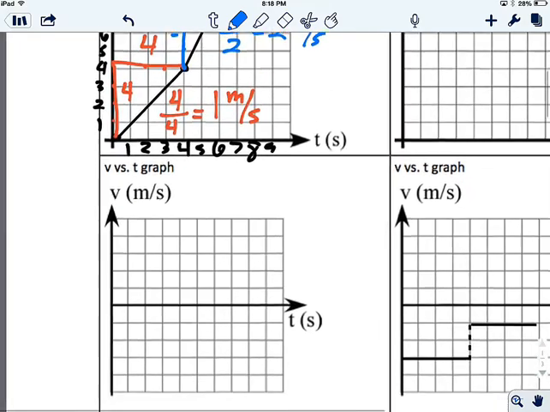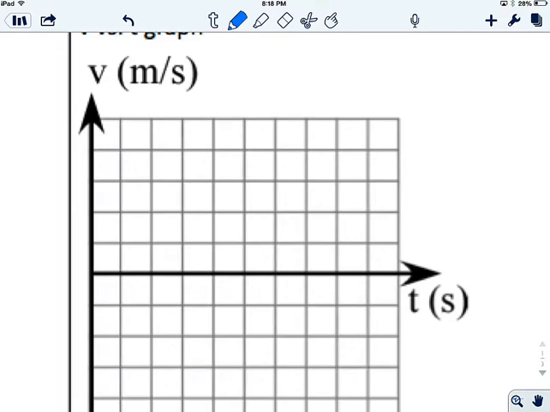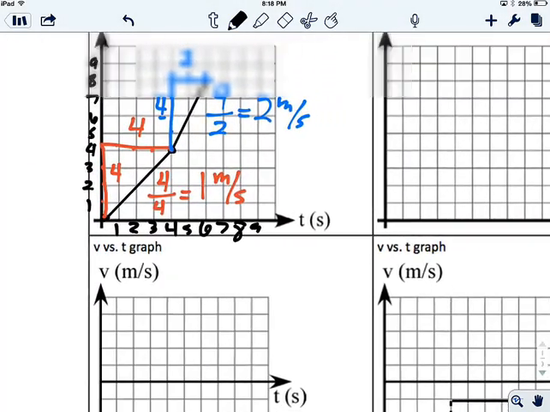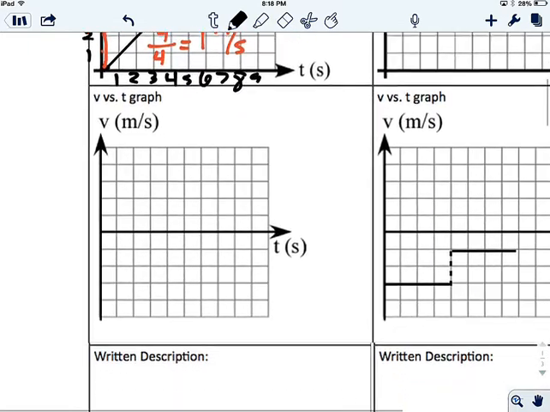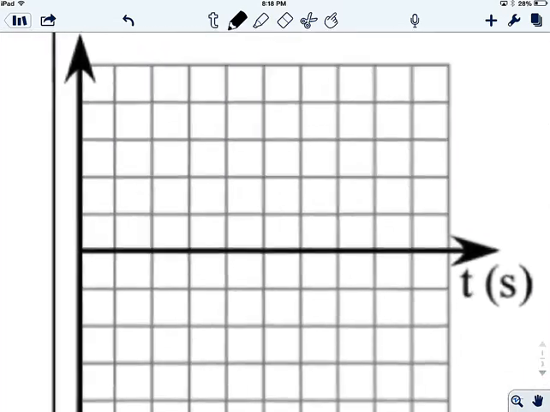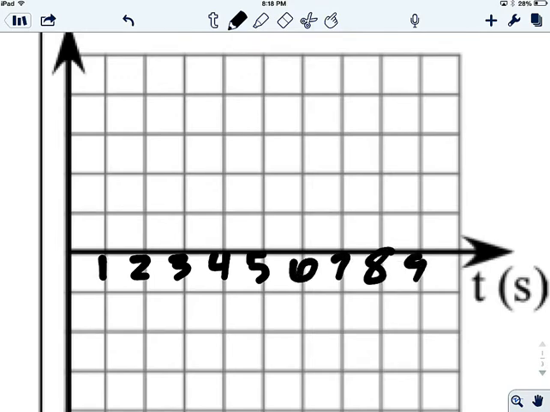Let's go down and see if we can translate that into a velocity versus time graph. Now remember my big hint. Anytime I've got x versus t up on top and v versus t down below, go ahead and make your time scales exactly the same. So we go ahead and make it 1, 2, 3, 4, 5, 6, 7, 8, 9.